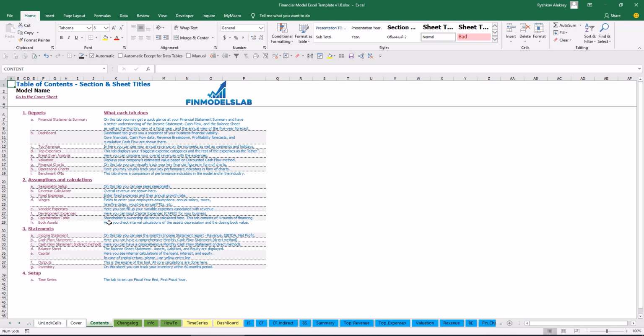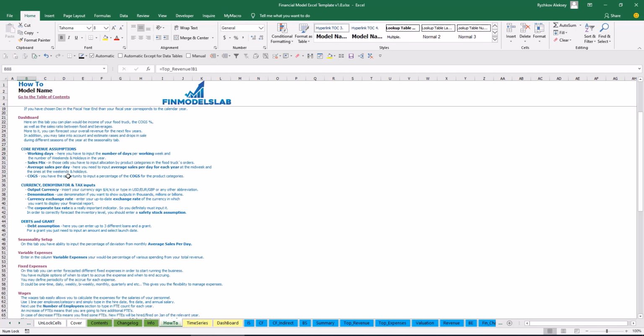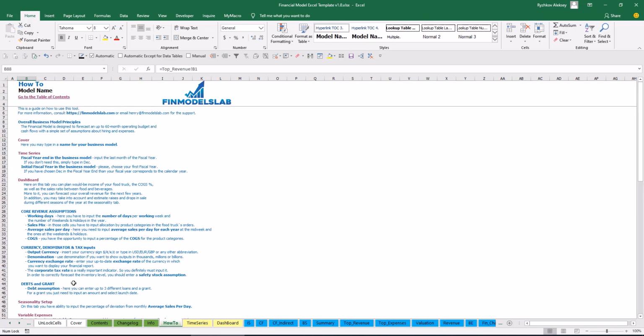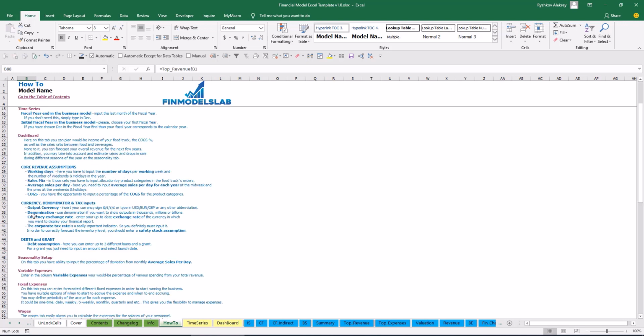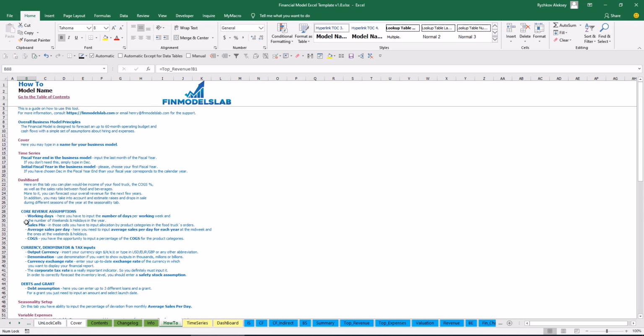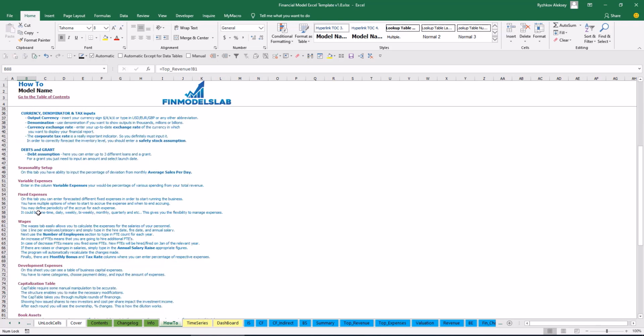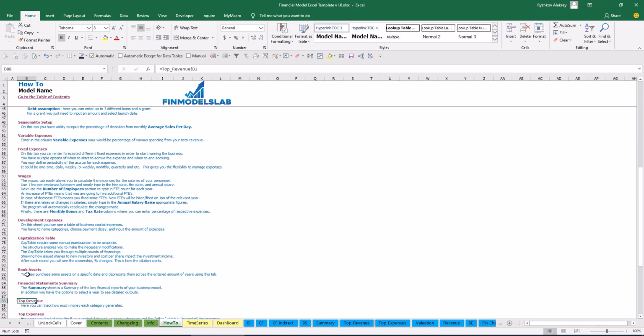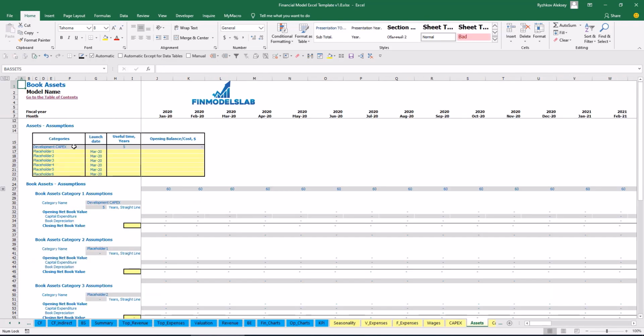There is a short explanation about what each tab does, but if you want to know more you can go to How To to see a more detailed explanation of what each tab does and what inputs you may find on this sheet and what kind of outputs you may find on this sheet as well. Any header of this section is also clickable, so you may click on, for example, book assets and you go directly to this tab.